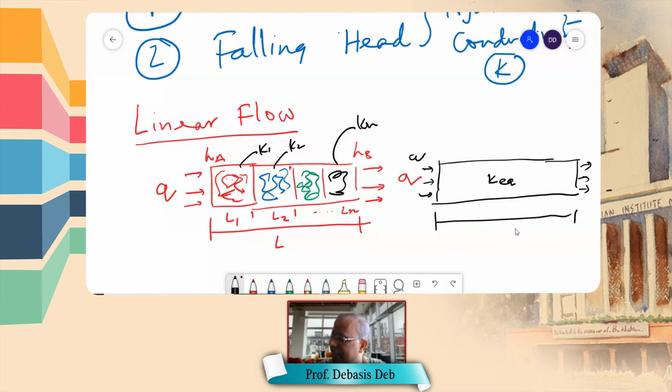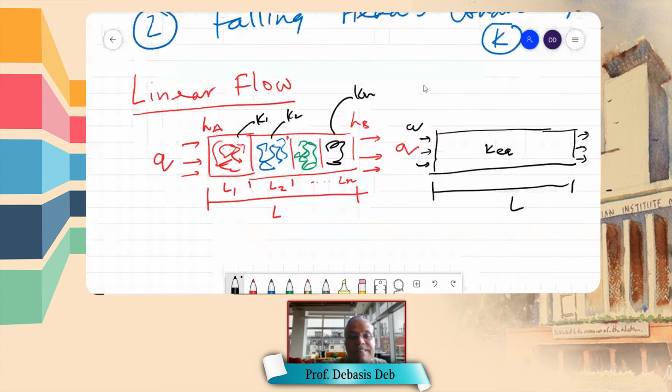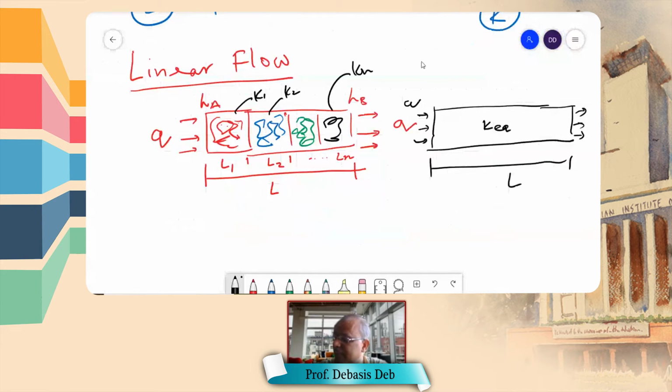The length is again L. So I'm giving you 2 minutes to find out K equivalent is equal to what? This is a series combination of strata. Each stratum has length Li and its hydraulic conductivity is Ki. Is that clear?